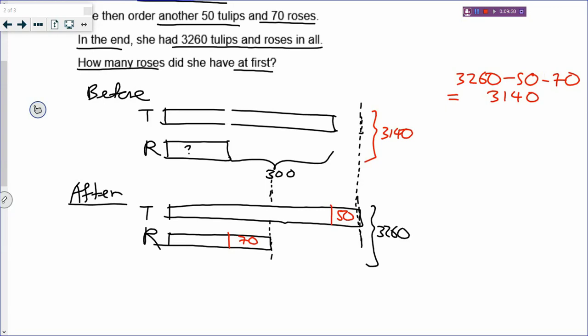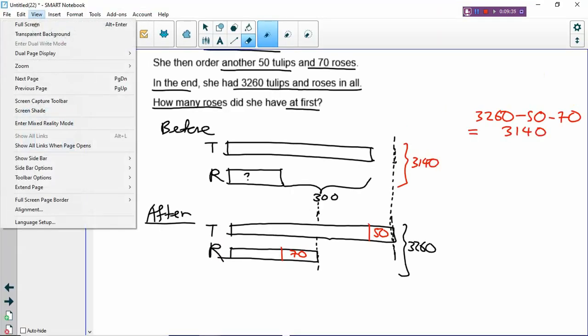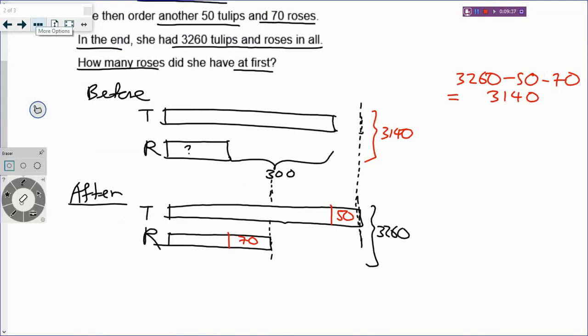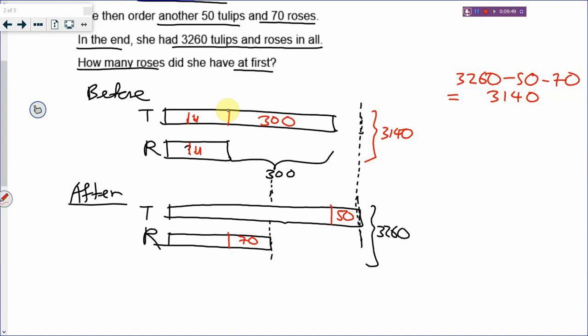I just cut. Okay, let me just undo, and let's cut into short units if you want. Right, cut away 300, and you will get 1 unit and 1 unit, 2 short units. All right, so you have 2 short units, which is equal to, so when you cut away 300, what happened?